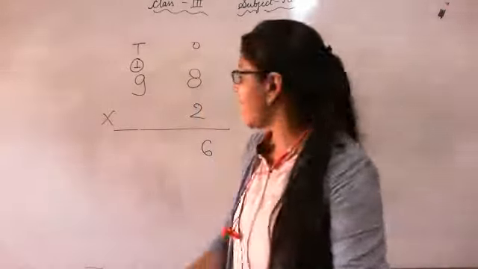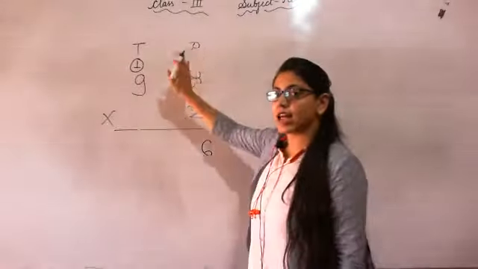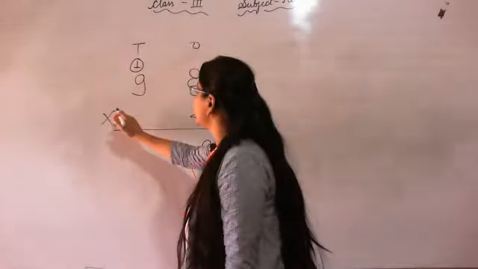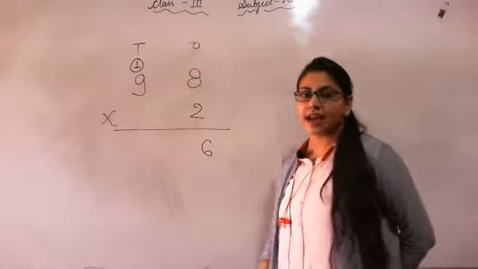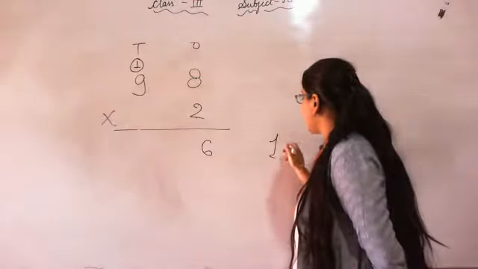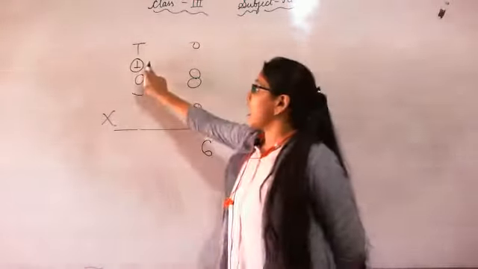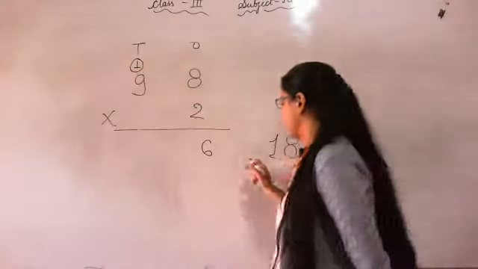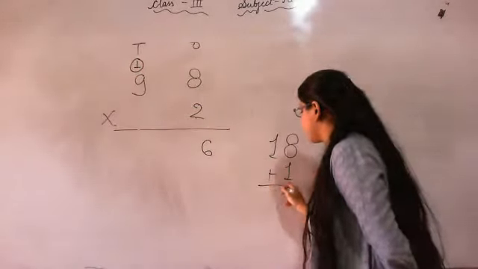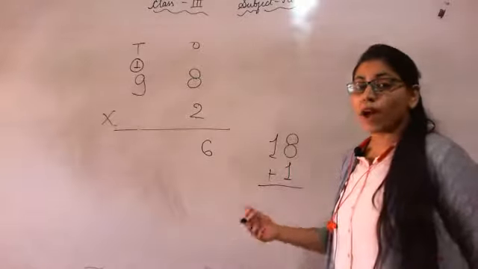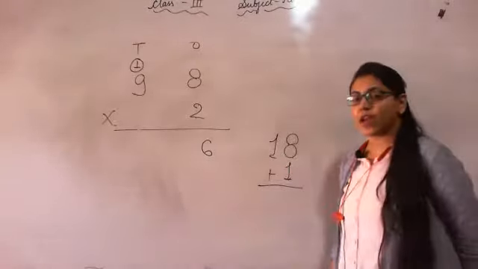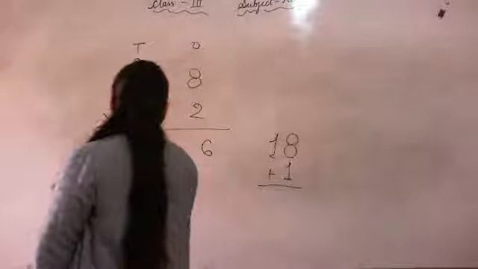Now, what next? Done with ones. Now turn for tens. 2 into 9. 2 nines are 18. And this one is also there. So we will add one more in the 18. So 18 plus 1 is 19.